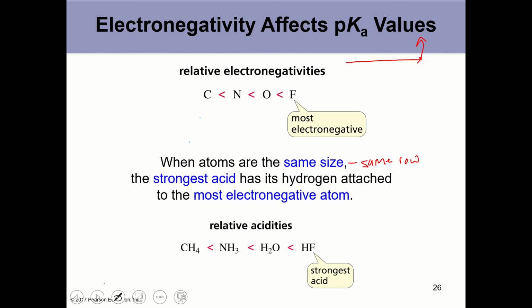So that means that acidity increases in correspondence with electronegativity of atoms of the same size. And atoms of the same size typically exist if they are in the same row.